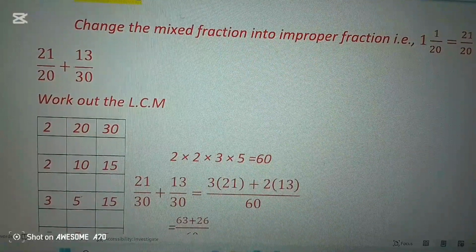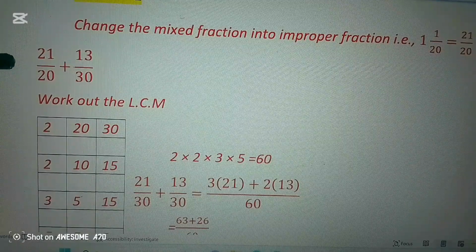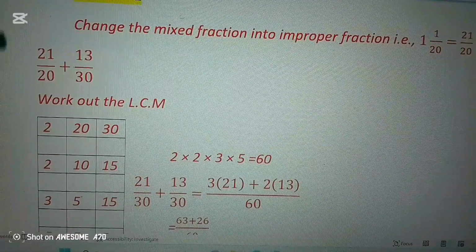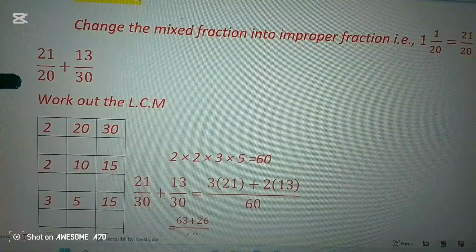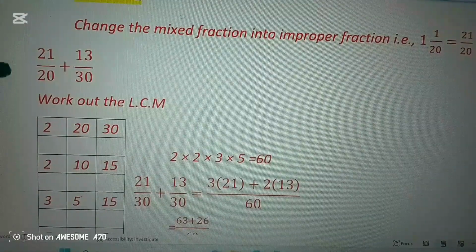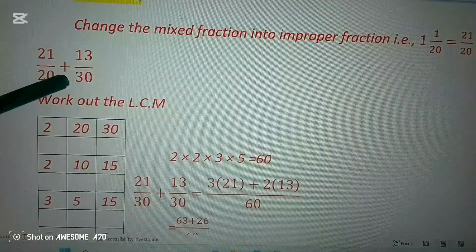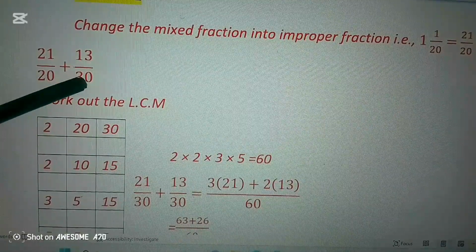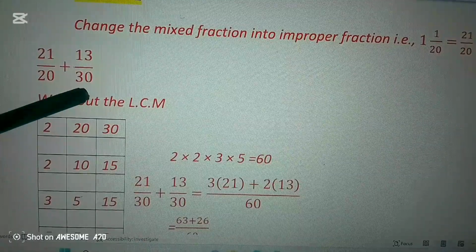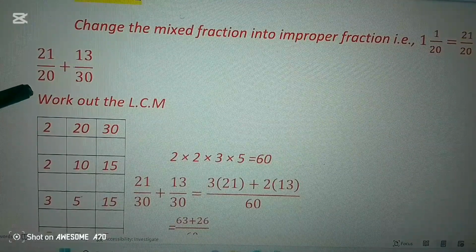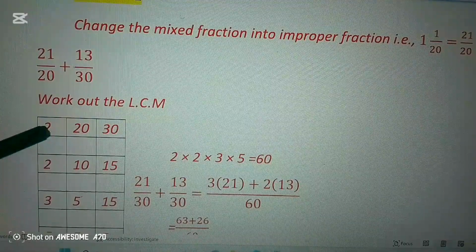Adding these two is very simple. We have already done addition of fractions like this. The first thing when doing addition of fractions like this is to find the LCM of the denominators. We have 20 and 30. Work out the LCM of 20 and 30.